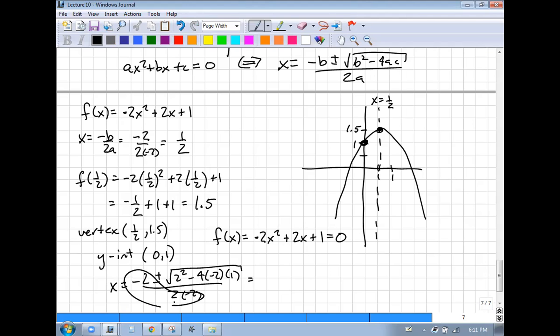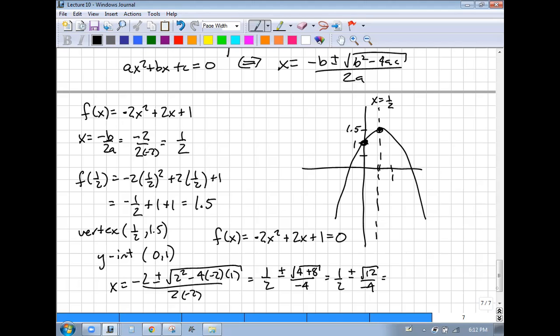So first off, I have negative 2 over negative 4, which is going to be a half. Now plus or minus, 2 squared is 4, negative negative is a positive 8, over negative 4. I have 1/2 plus or minus the square root of 12 over negative 4.